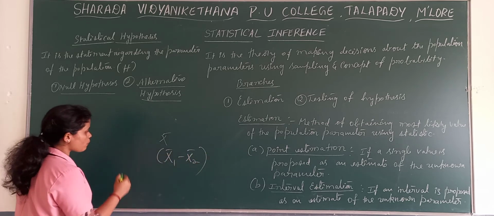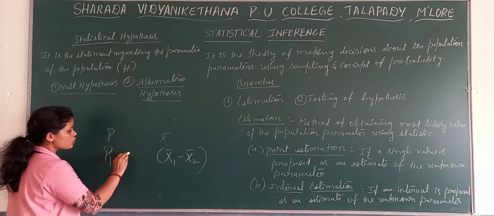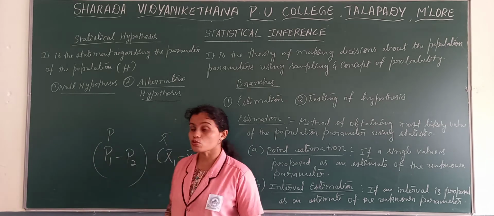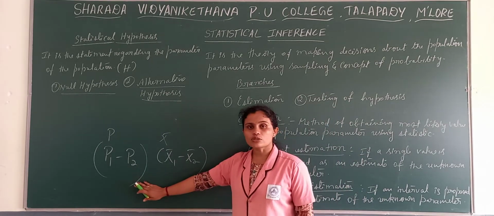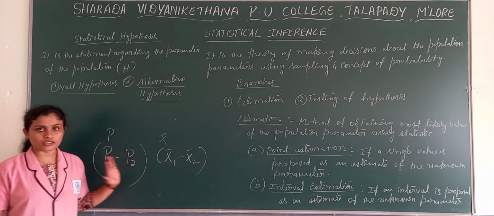Then we saw population proportion P, then the difference of population proportions. In the case of the difference of population proportions, there were two formulas: one where P1 and P2 are equal to P, and one more formula where P1 and P2 are not equal.